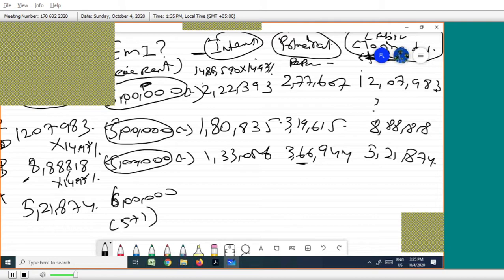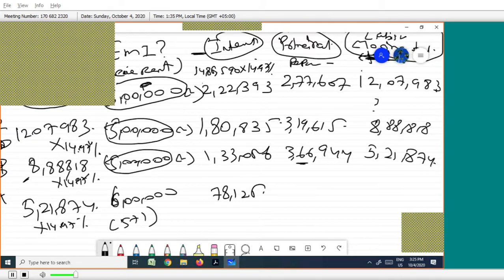Now tell me the interest: 5,21,874 into 14.97 percentage. How much? 78,125 is the interest portion.